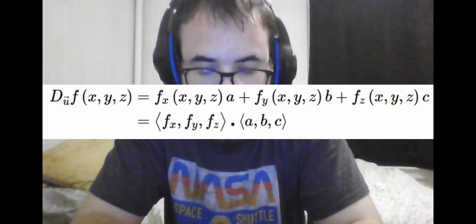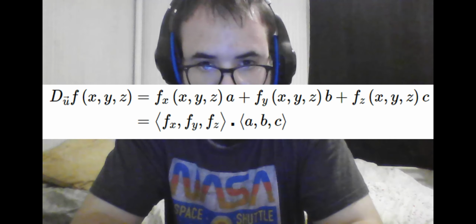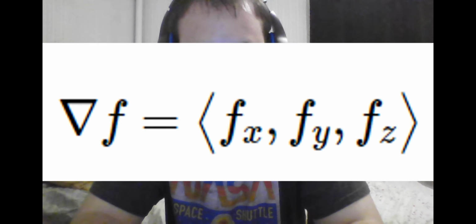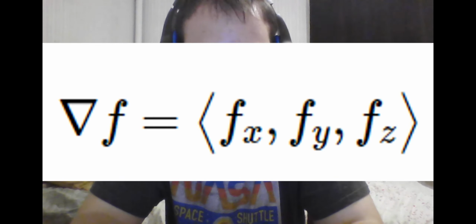So we denote the vector that represents the partial derivatives with an upside down delta, and this is called the gradient vector, or gradient for short, as gradient is a specialized term meaning a rate of change or slope.